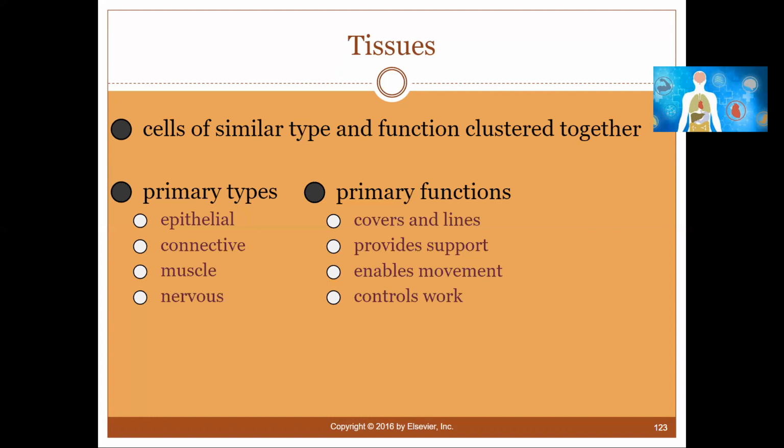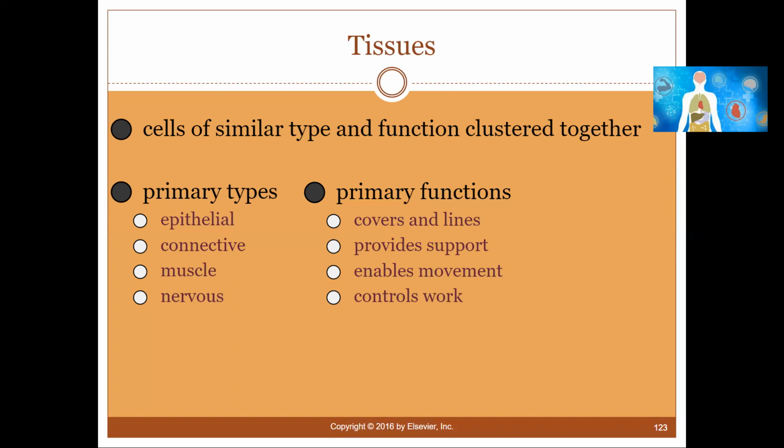Now, it gives you some basics regarding function up there. For epithelial tissue, it's primarily going to be a covering or a lining. So any organ that has a covering or a lining is going to be comprised of epithelial tissue.